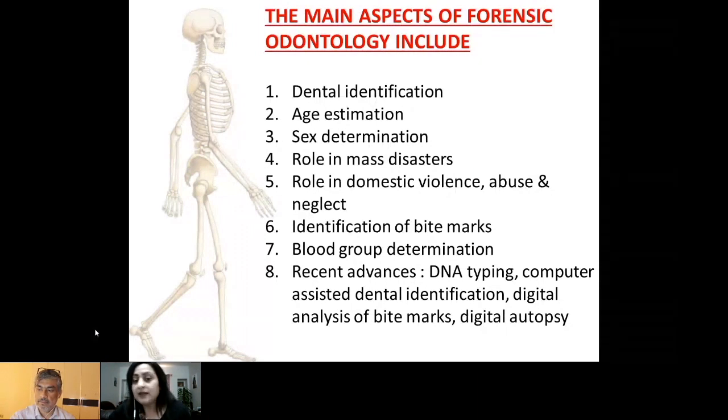Identification, the DNA source: teeth are always a rich source of DNA, especially the pulp inside the tooth. But in case of fires or any mass disasters involving fires, the whole body gets burned. The only things we get are the bones and the teeth. So the teeth are a rich source of DNA, especially the pulp.